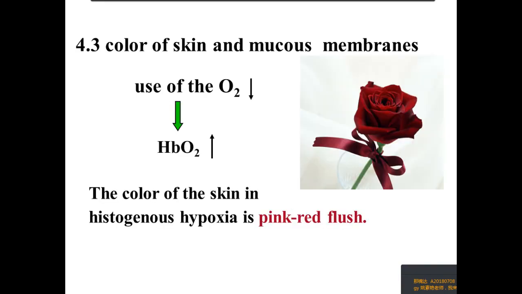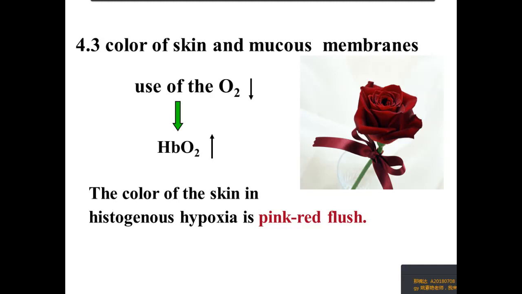Now we have learned 4 types of hypoxia. You might remember the first, hypotonic hypoxia: its etiology, its characteristics, and color, cyanosis. Hemic hypoxia: you might remember the pathogenesis of carbon monoxide poisoning and methemoglobinemia from nitrate poisoning, and the color.